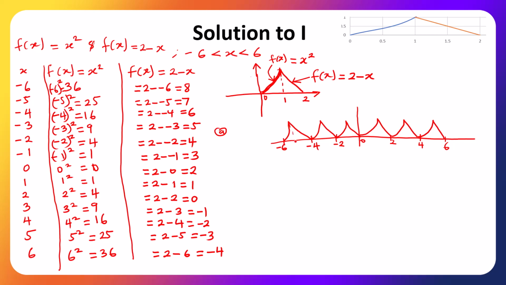So we can decide to put this dash at the middle. This will be our -5. Also here, this will be our -3. Here also, this will be our -1.